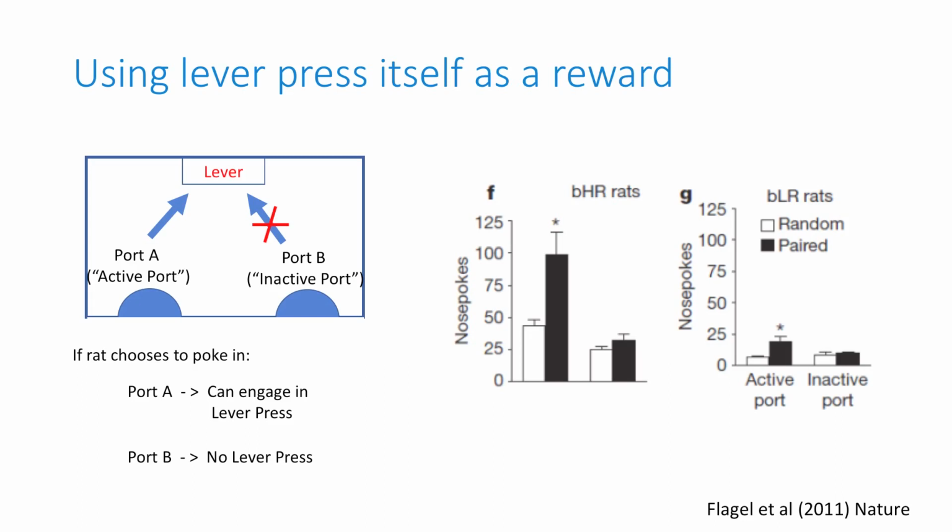Now, what you can ask is, if lever press were to be so much wanted by these animals, can I make them learn that only if you poke into this active port you would get the ability to press the lever, versus the inactive port, where if you just go in there then nothing happens.